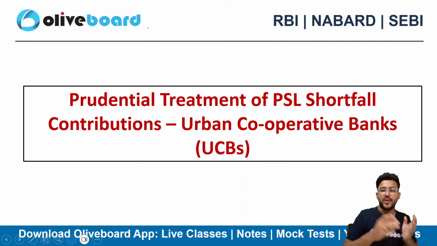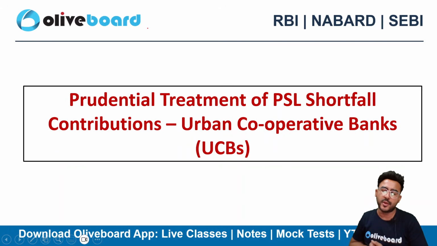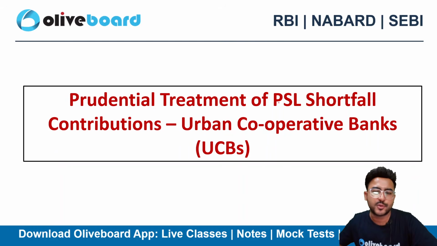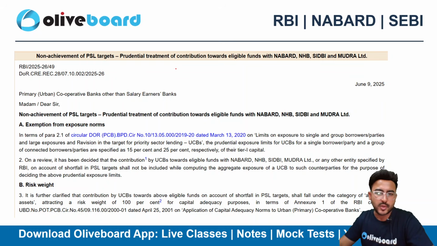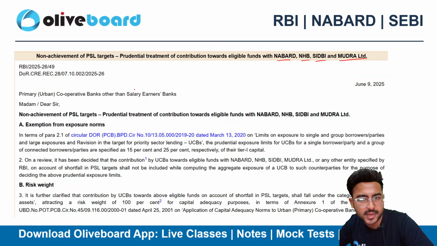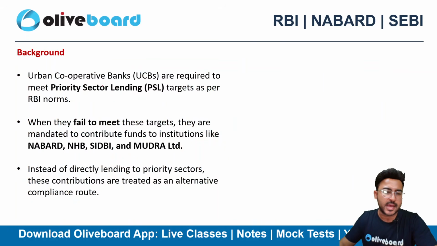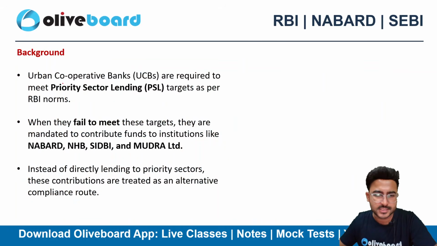Next is the prudential treatment of PSL shortfall contribution. We all know that this is specific to the urban cooperative banks, UCBs. So if UCBs fail to achieve the PSL target, then they obviously contribute to a particular eligible fund with NABARD, NHB, SIDBI or Mudra Limited, right? Now there was a limit which was causing a trouble. Let's have a quick background related to this.